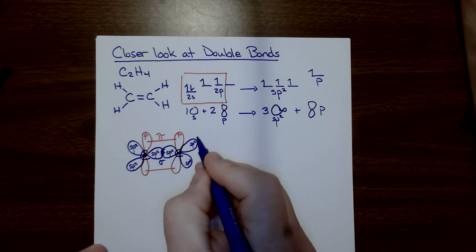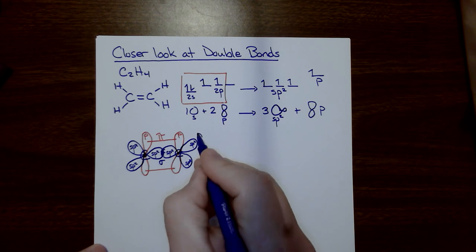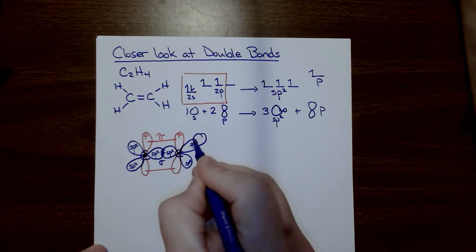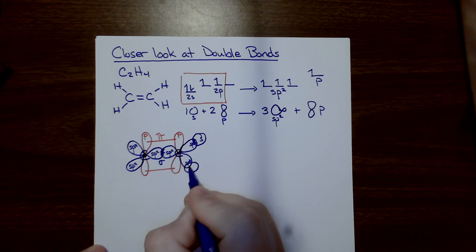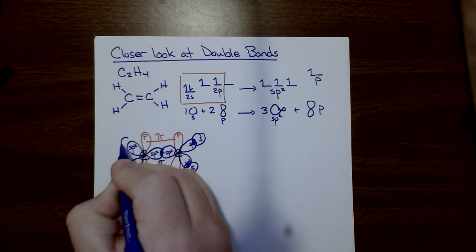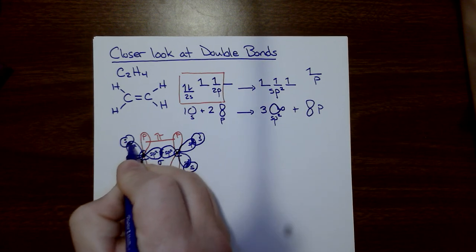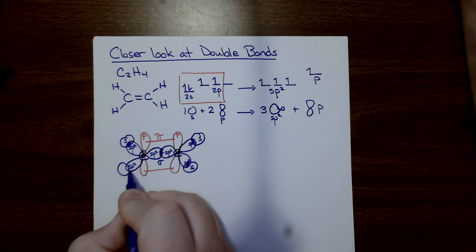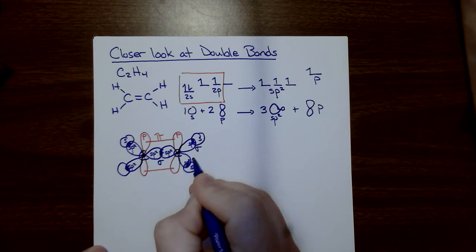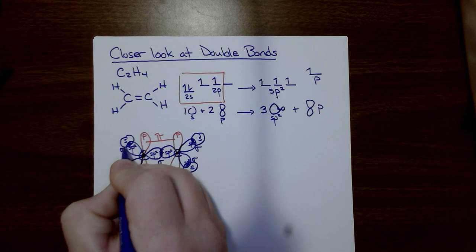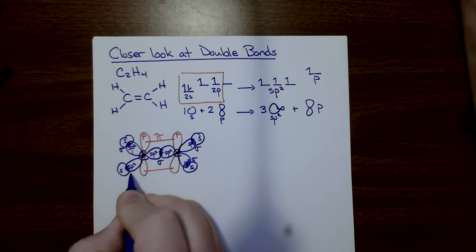And then of course we have our hydrogen spheres, s orbitals, where they all overlap, and an s orbital here with an overlap. So we have a sigma, sigma, sigma, and a sigma.